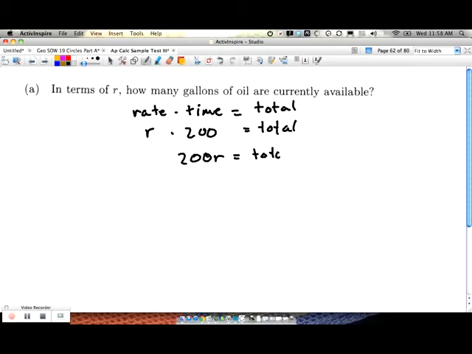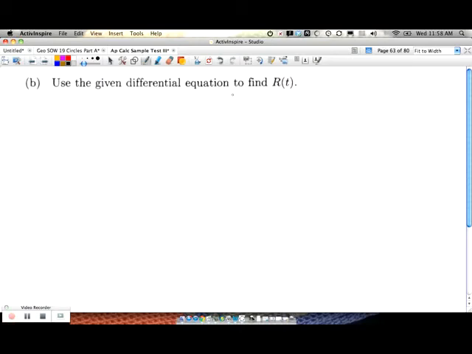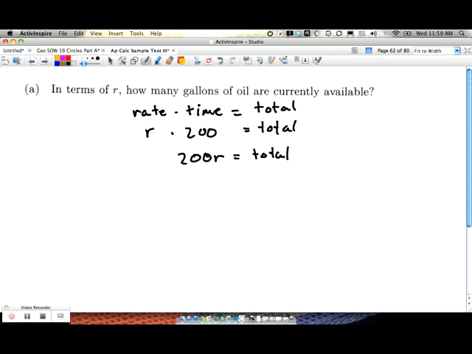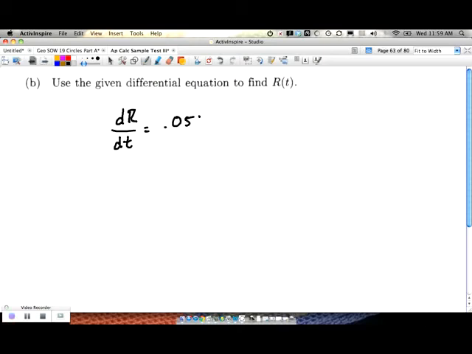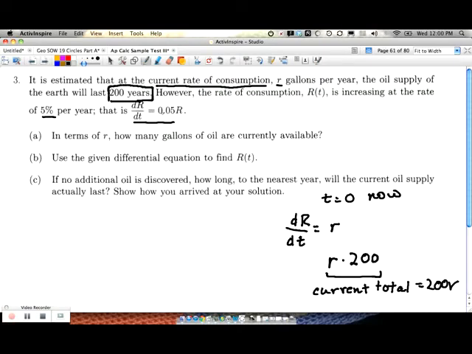Let's look at D. It says use the given differential equation to find R of t. Well, it said that dR/dt is equal to 0.05 R. So what we're looking at then is the original equation. We have dR/dt equals 0.05R.